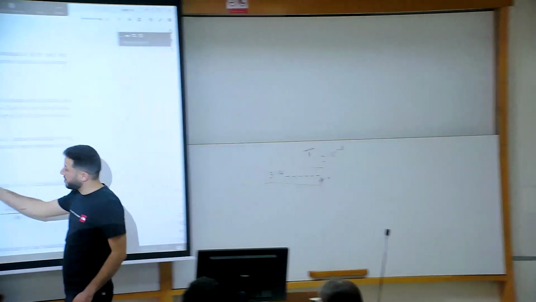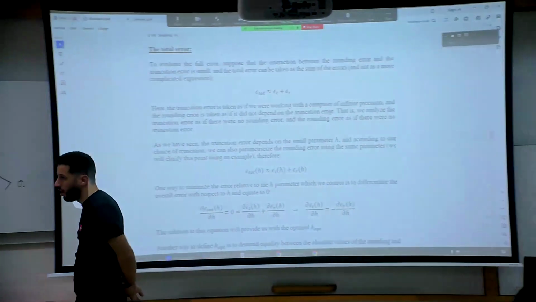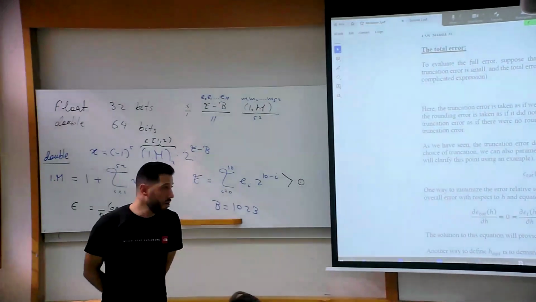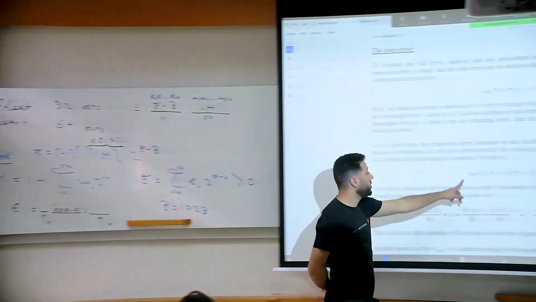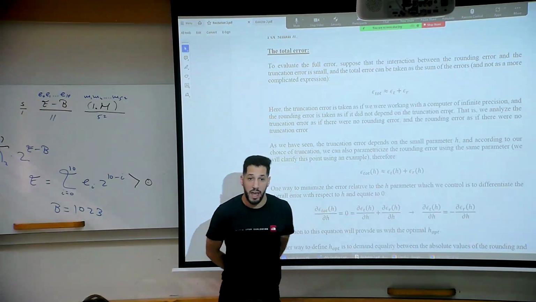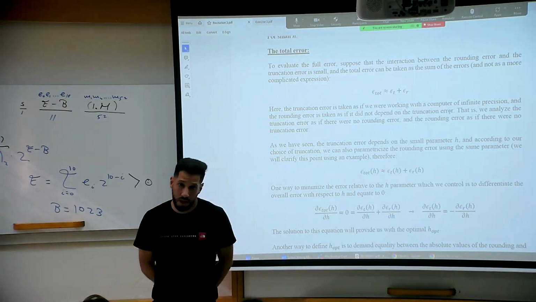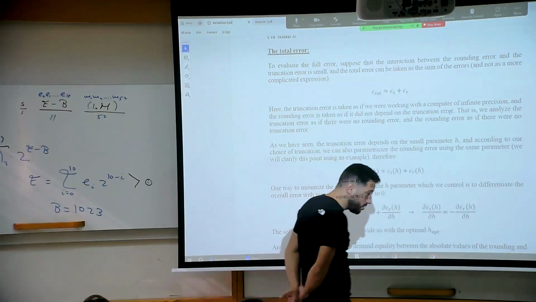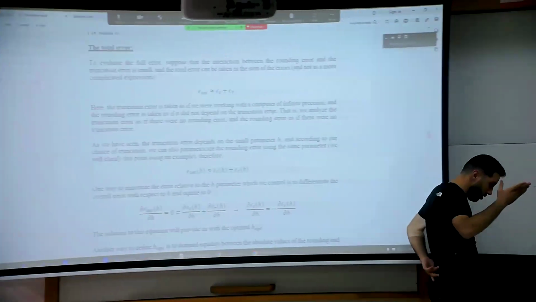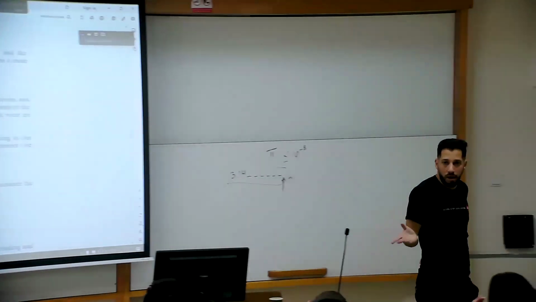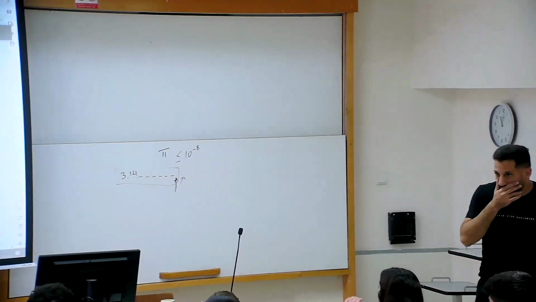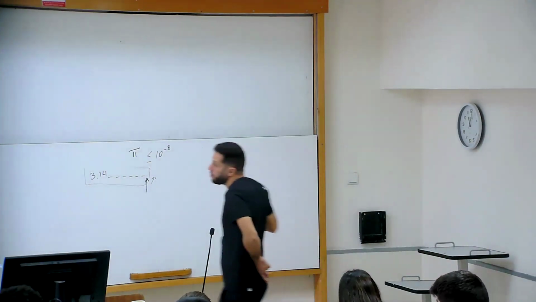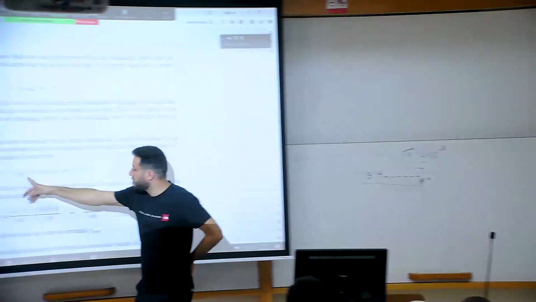If this is the error, our hope is to find a minimum of this function and then choose h according to that minimum. We want the error to be as small as we can.